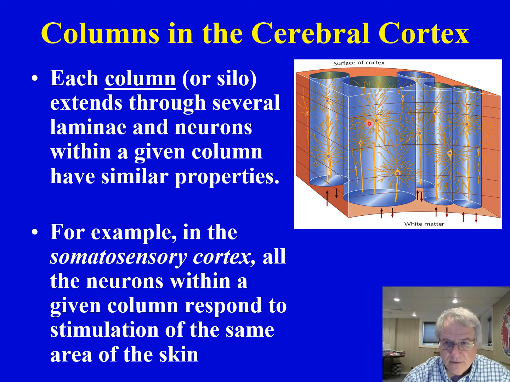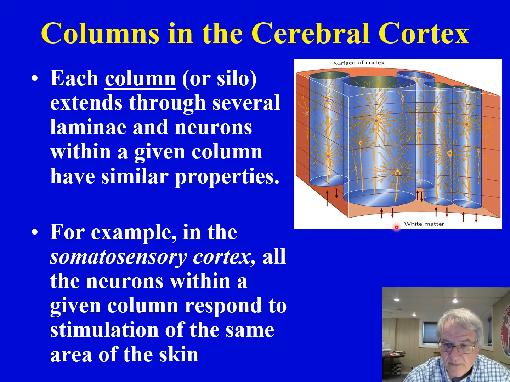So these columns in the cerebral cortex, I refer to them as silos because I think that's kind of what they look like. They go through several different laminal layers. And typically the neurons that you see within each one of those columns have very similar properties. And again, here's our surface of the cortex.